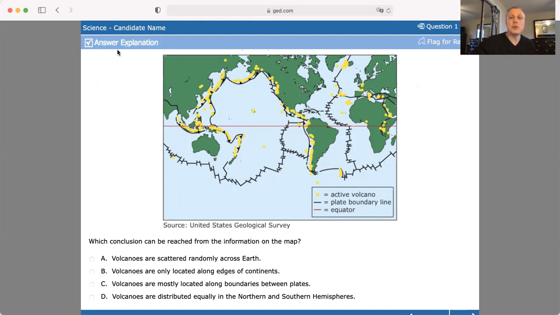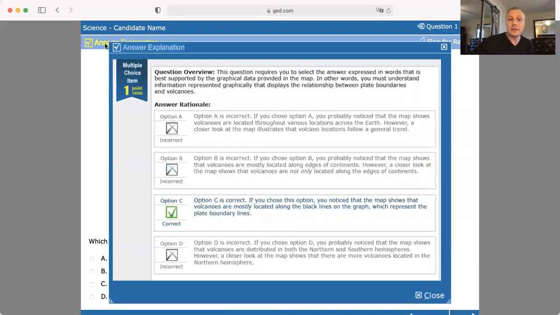Another thing we can do here is we can always take a look at our answer explanation when you're taking those questions that are practice questions. And when you go to the answer explanation, it's really interesting because it'll give you some more details. Like they're saying option C is correct. If you choose this option, you notice that the map shows that volcanoes are mostly located along the black lines on the graph.